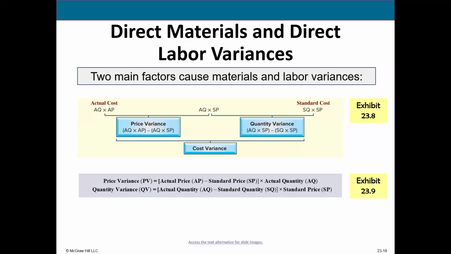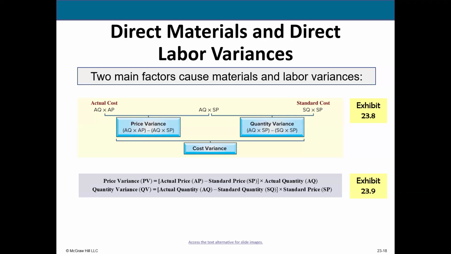We can rewrite these equations a little bit more simply. For the price variance, we could take the actual price minus the standard price, which is the price difference, and multiply that by the actual quantity. That's another way to rewrite the price variance formula, and in my opinion, it makes it a little bit easier as well. So actual price minus standard price, and then we multiply that by the actual quantity.